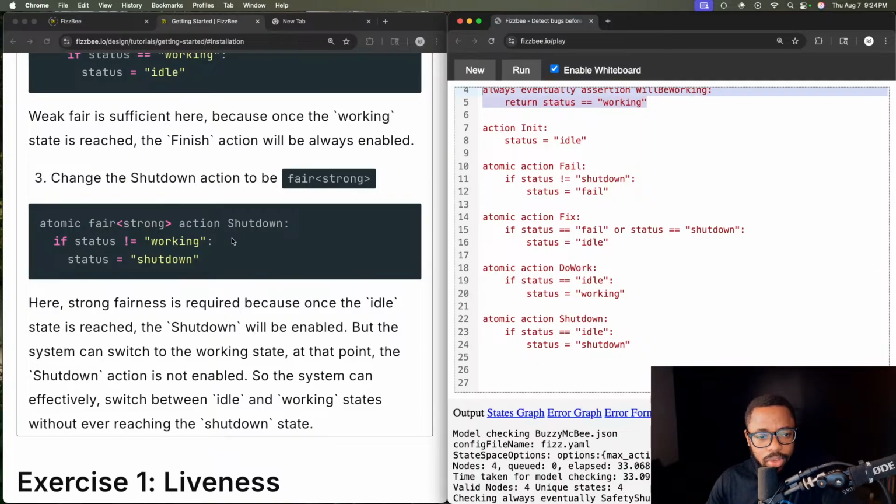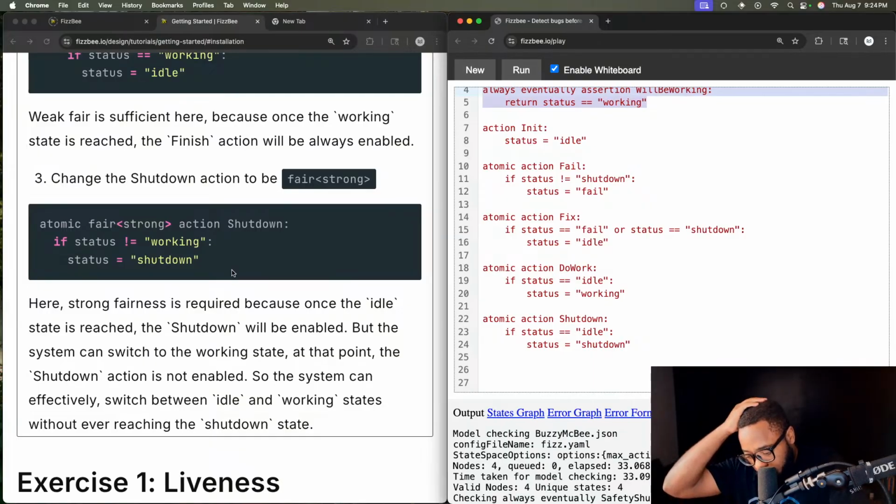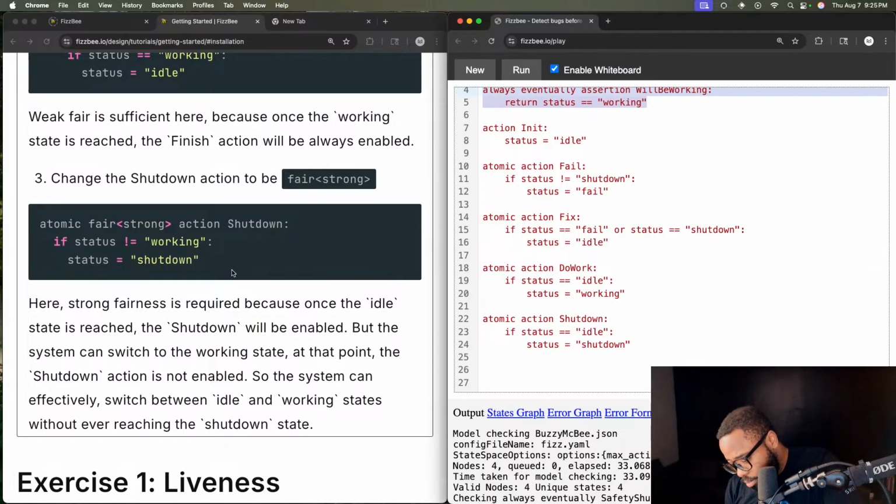So we have weak fairness and strong fairness, and from what I recall, with weak fairness, the idea is that when an action is infinitely enabled, as a result it should be infinitely run.